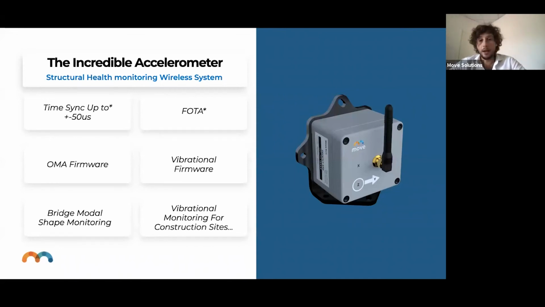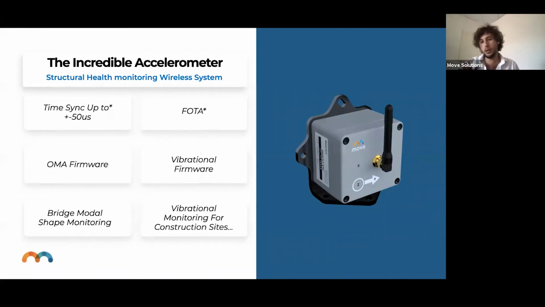Another good thing about the accelerometer is that it has different sampling rates. Let's say you want to perform more vibration analysis. Vibration analysis usually needs lumped parameters, like peak-to-peak value, RMS.